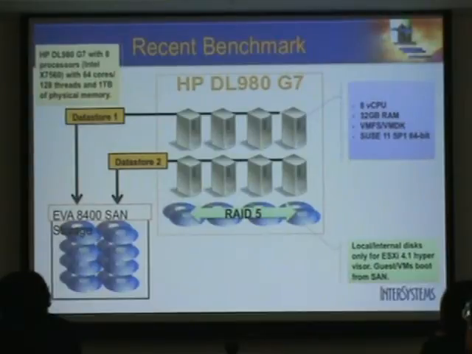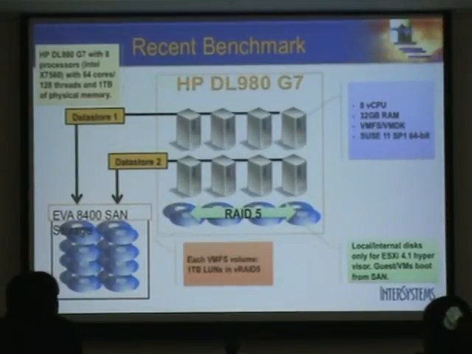Okay. There's some configuration information here about the internal disks. So the HP system had some internal disks that were configured RAID 5, etc. The VMFS volume was configured with 1 terabyte ones, and we can provide all of that information to you for configuration.